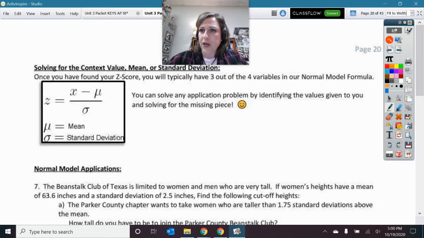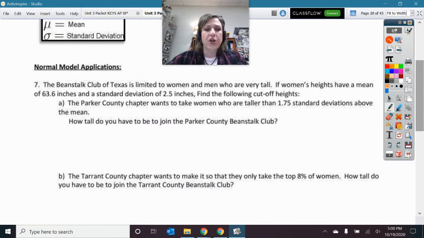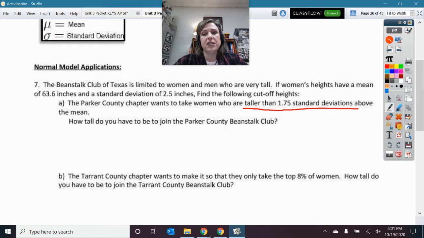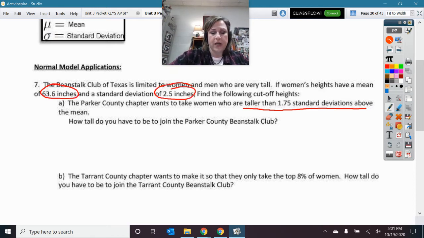So let's see here. Parker County chapter will take women who are taller than 1.75 standard deviations above the mean. Okay, so that's giving us some information. Plus, we knew that the average height of all women is this. So there's the mean and there's the standard deviation. Those are going to be used for parts A, B, and C.